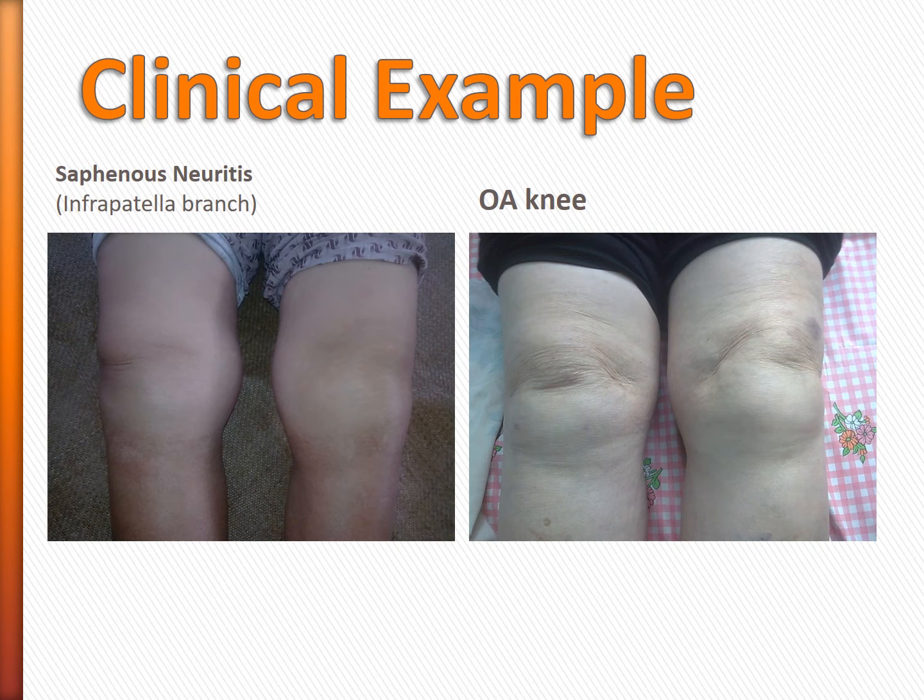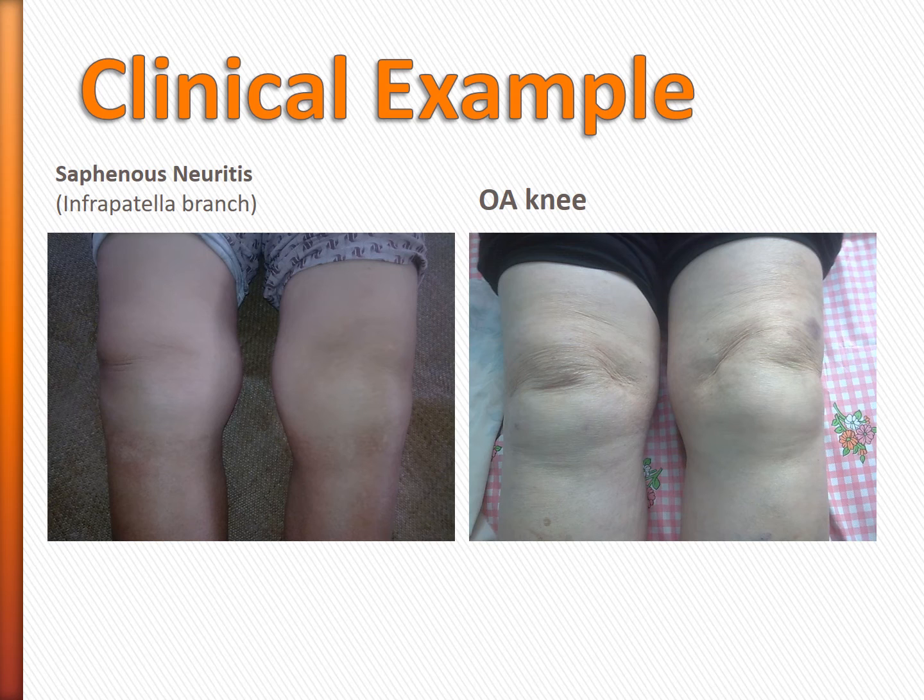If this membrane or the muscle becomes tense and the nerve is irritated, the signal from the saphenous nerve is transferred through the infrapatellar branch and causes the distal part of the patella to become inflamed. So that's why you can see two conditions.